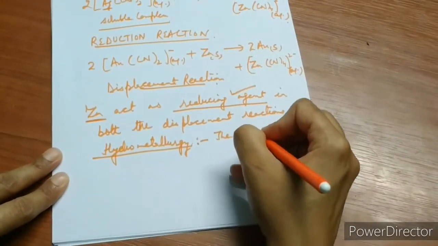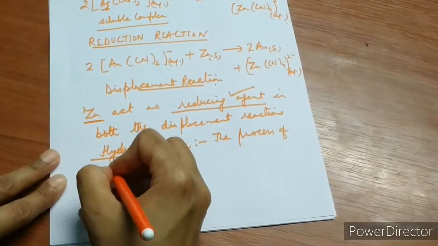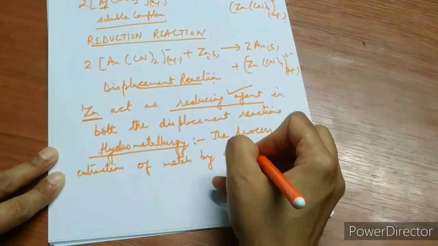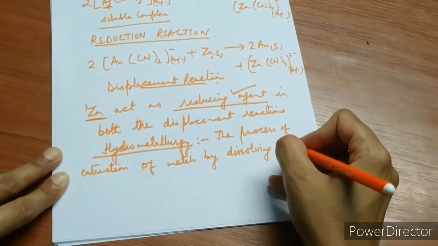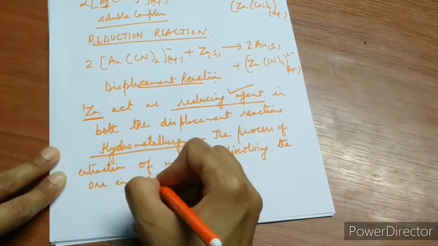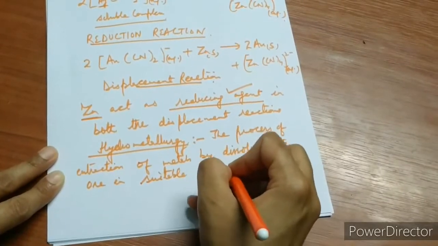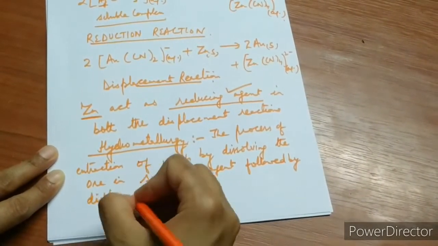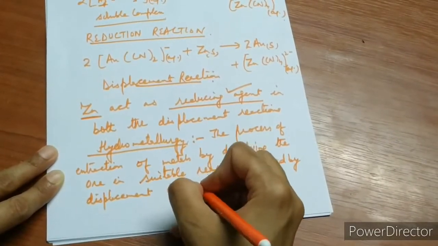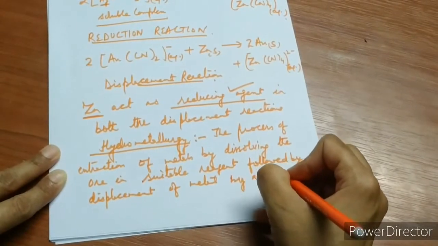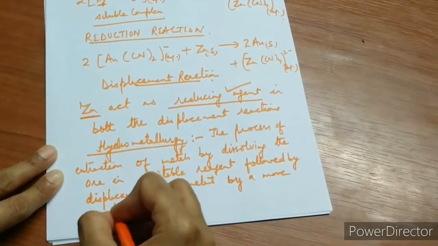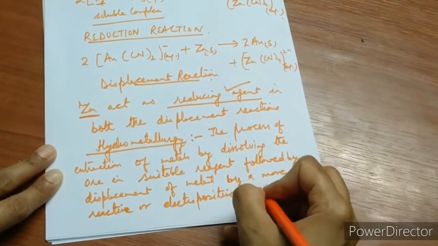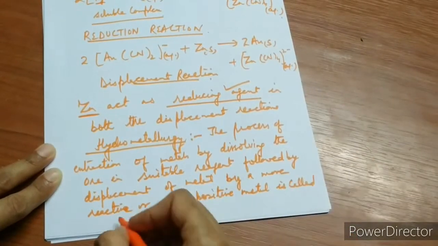The process of extraction of metals by dissolving the ore in suitable reagent, followed by displacement of metal by a more reactive or electropositive metal is called hydrometallurgy.